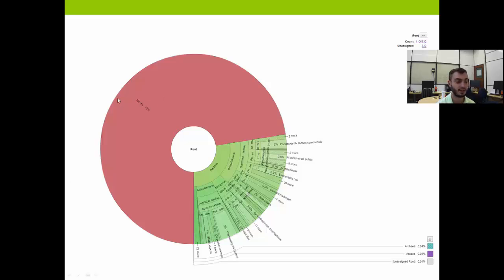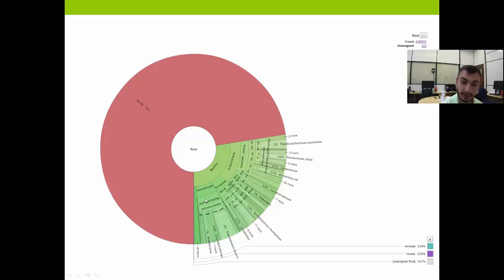Of the 4 million sequences, the software Kraken identified about 26%, with a lot of bacterial species such as Pseudoxanthomonas.